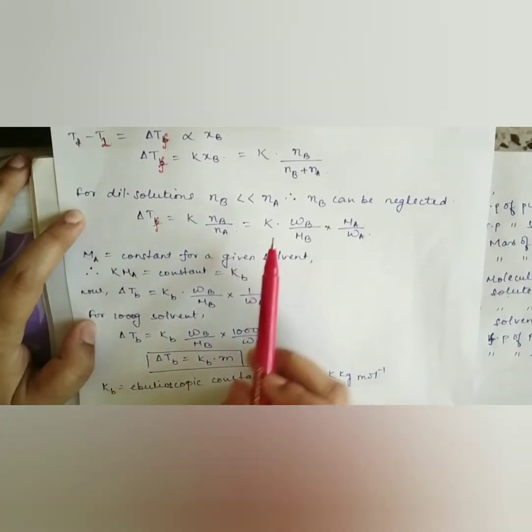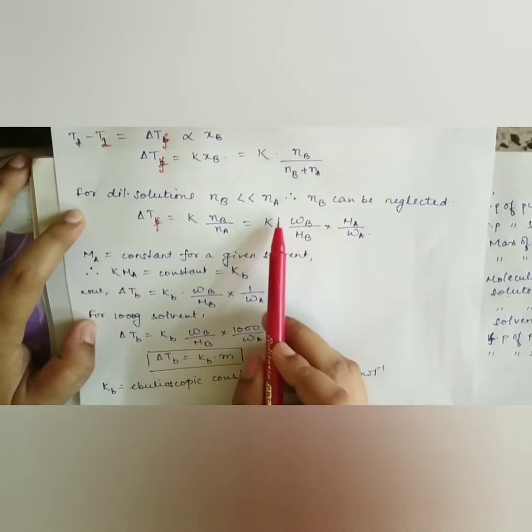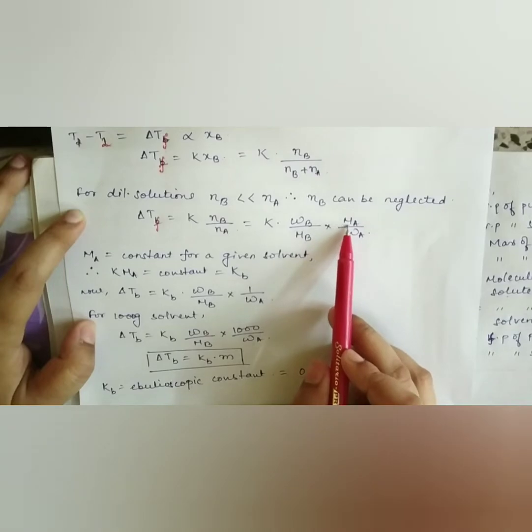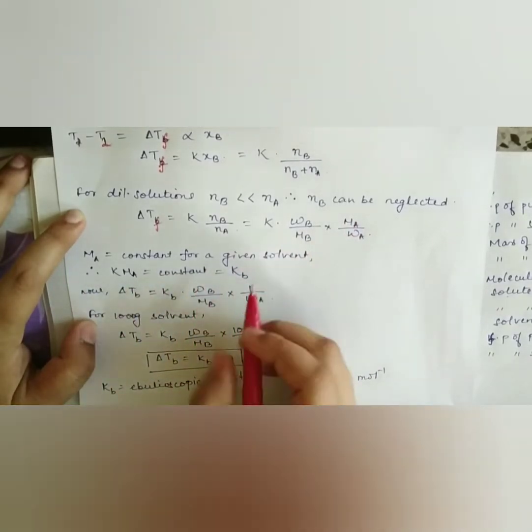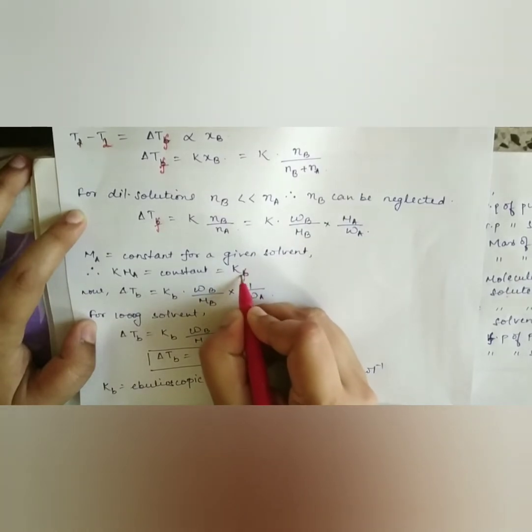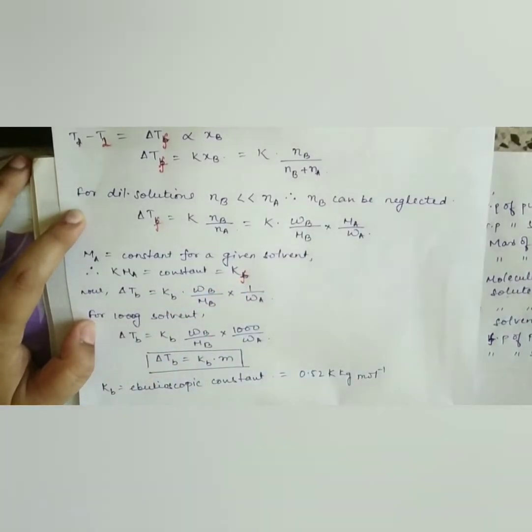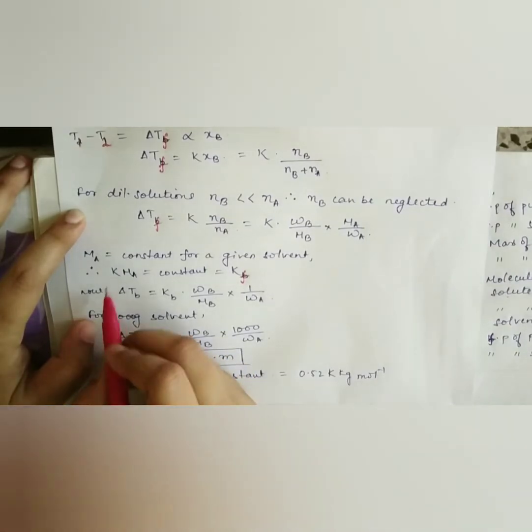So again, the product of this K and the molecular mass of the solvent is a constant. Now in this case, this constant is represented as Kf, and it is known as the molar depression in freezing point constant.